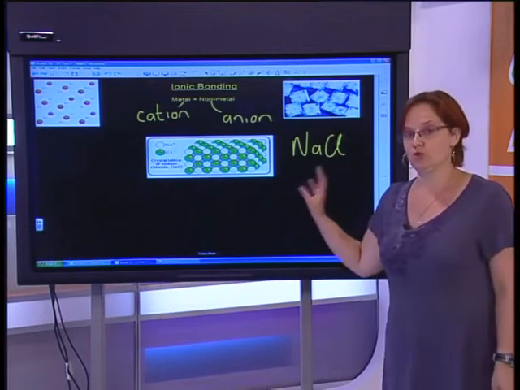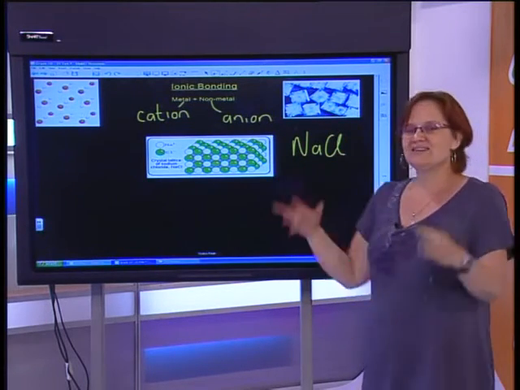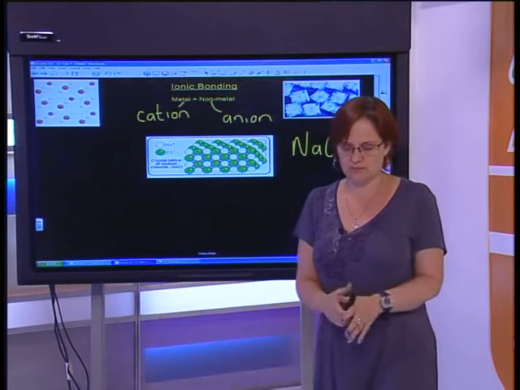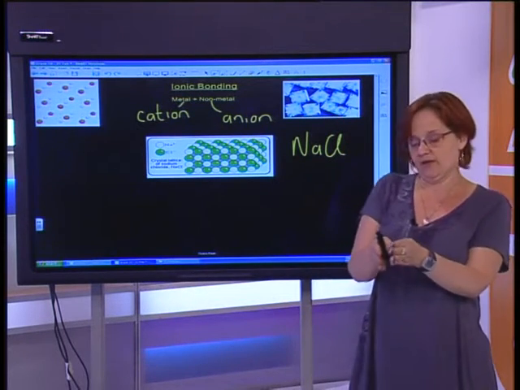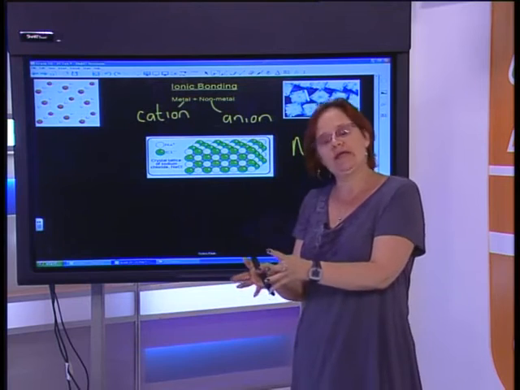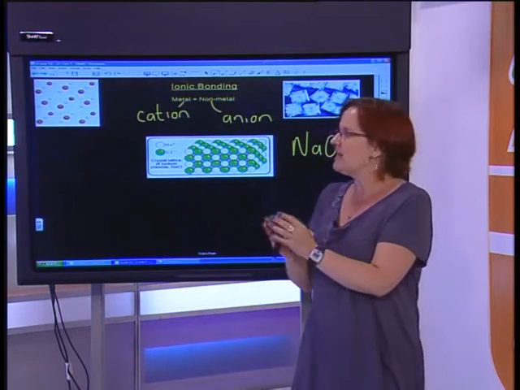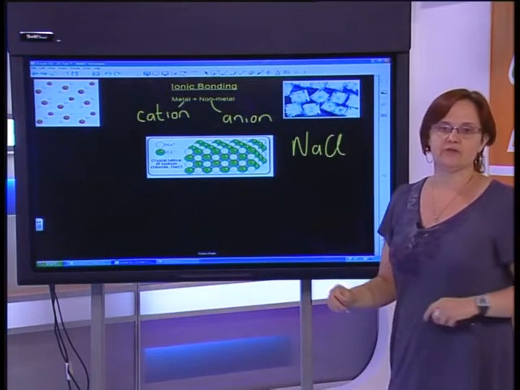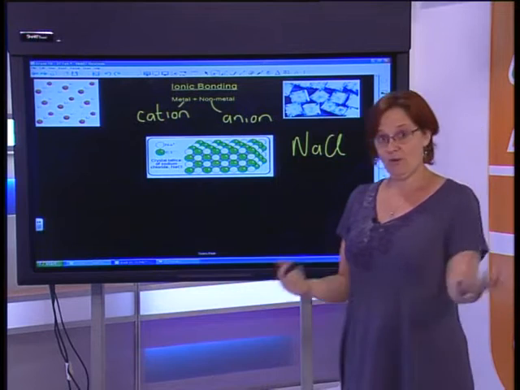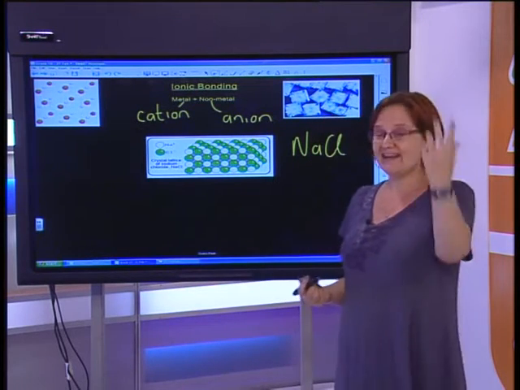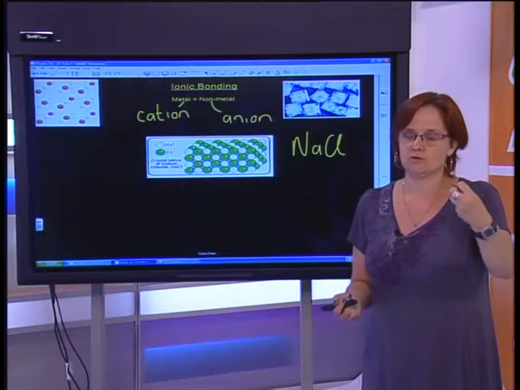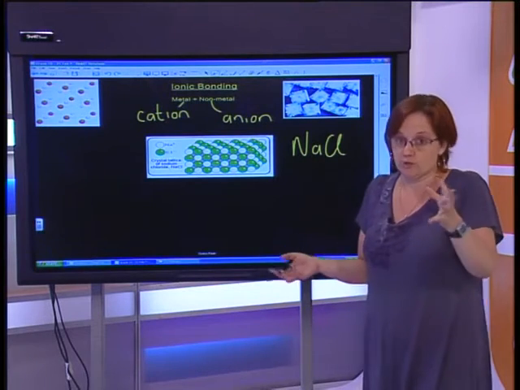This is a formula unit simply because it is practically impossible to separate a single sodium ion and a single chlorine ion in sodium chloride. You cannot get a single one of these. It's virtually impossible. However, with your covalently bonded substances like water and ammonia, it is possible to get a single molecule. It's difficult, but you can do it.